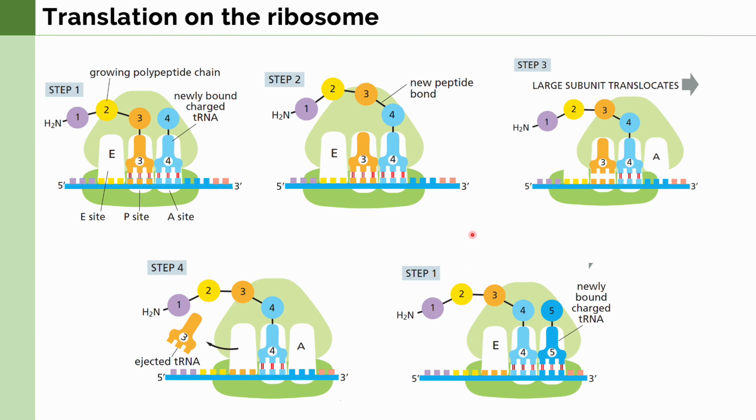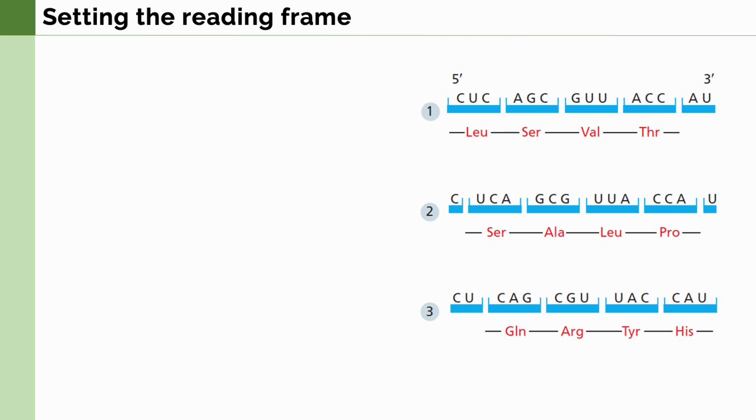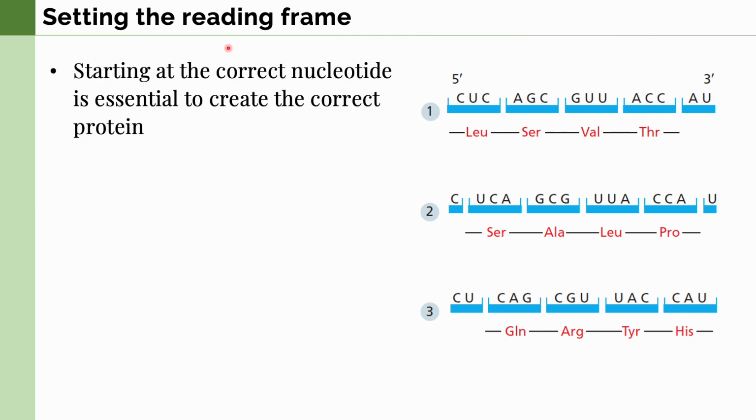Now when it comes to translation, it is very important to set the reading frame of our translation. Starting at the correct nucleotide is essential to create the correct protein. The ribosome has to make sure that it starts the translation at the correct position in order to have a functional protein.